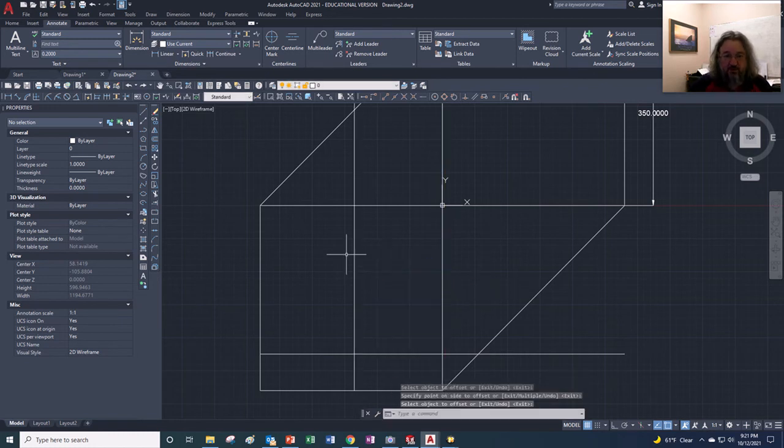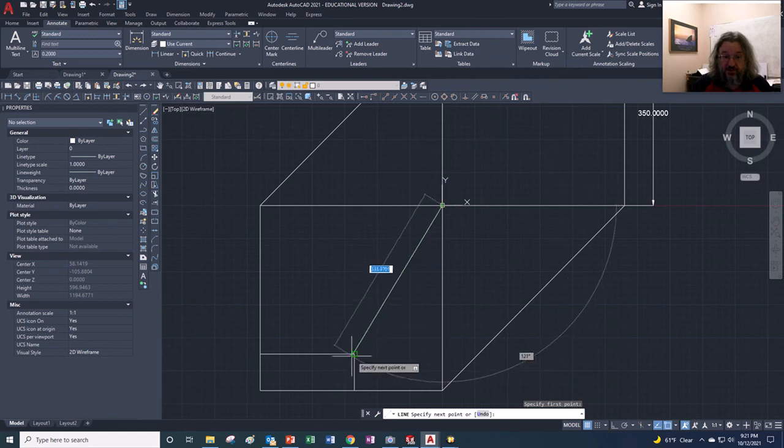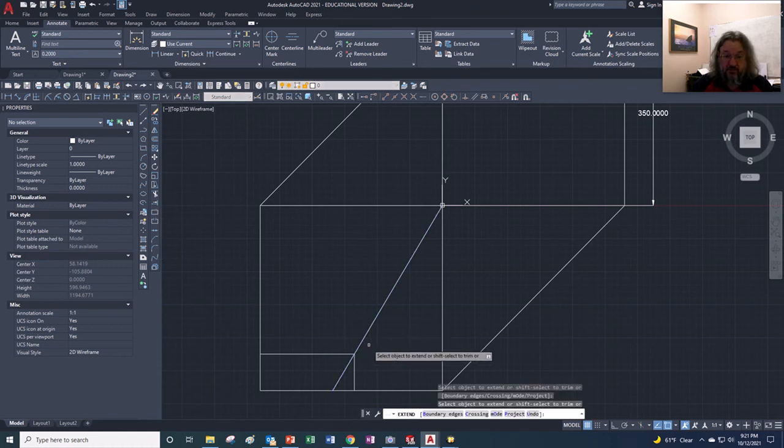Okay. And I'm going to use this little command. I like the little chamfer thing, so I just get rid of that. There you go. Boom. And so now we're going to take a line, and we're going to go from the center here down to there, and then we're going to extend it. Boom. Now let's take the overall dimension.